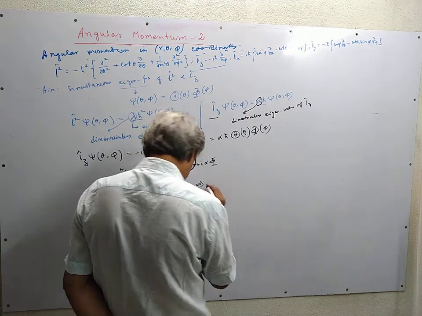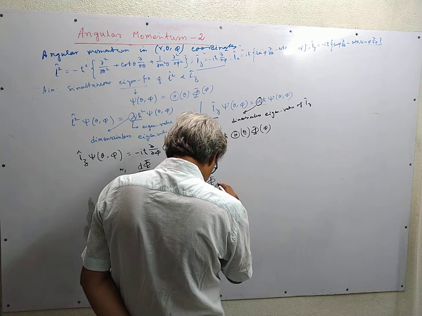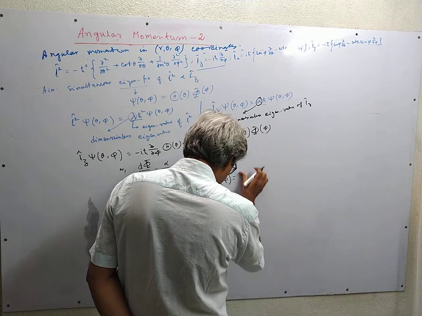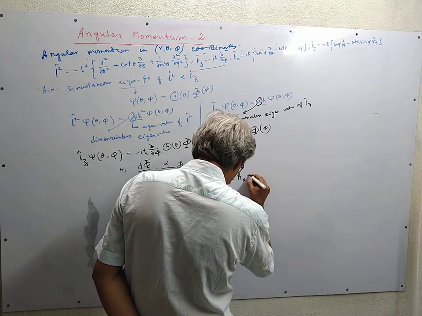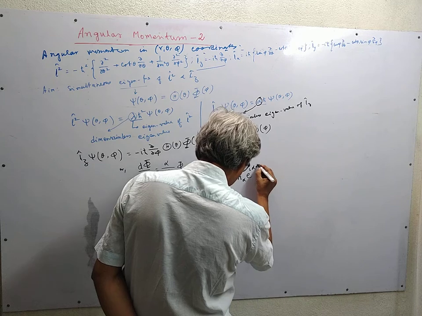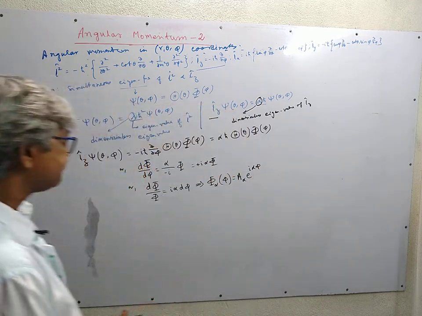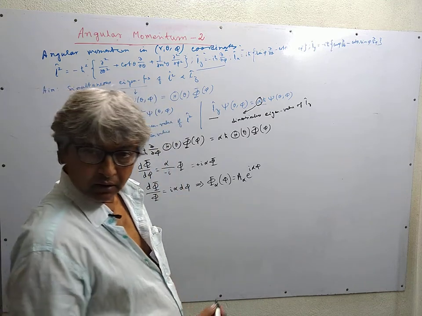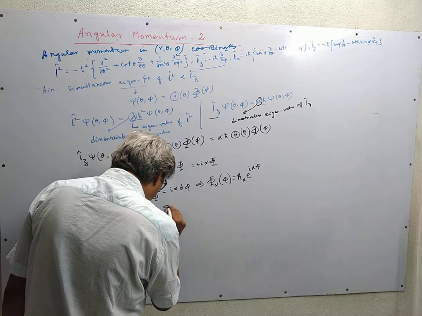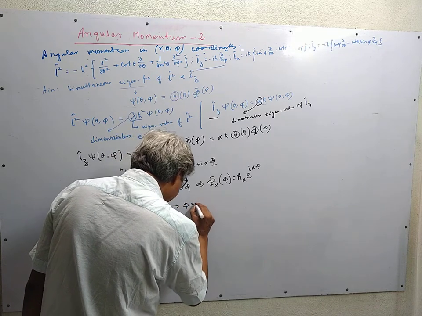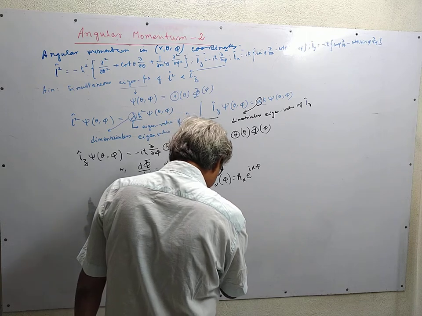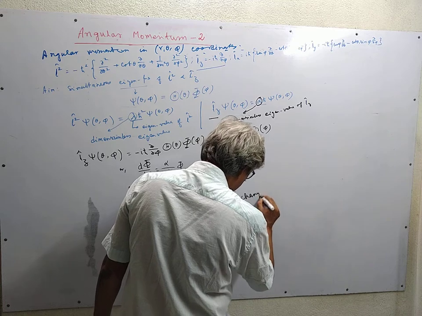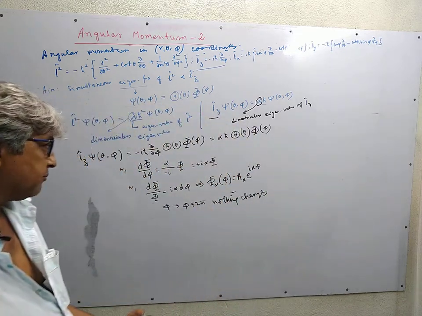The solution of this is phi depends on alpha, some constant A e to the power i alpha phi. This is the eigenfunction. But in spherical polar coordinates, if we change phi to phi plus 2 pi, nothing changes, because we are landing upon the same situation.